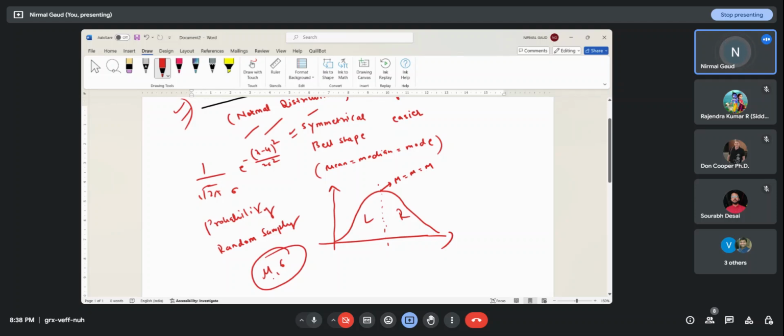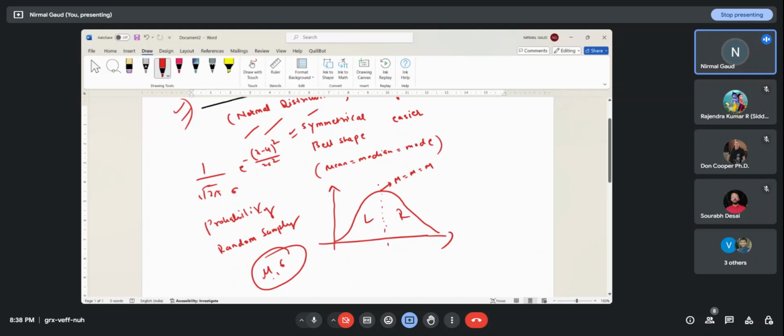Nu is the mean, sigma is the standard deviation, and standard deviation means the variance. So everything which I require to understand data, I am going to see here in the normal distribution. Randomness is there, probability is there, statistics is there, everything is there in normal distribution. So it's very important.